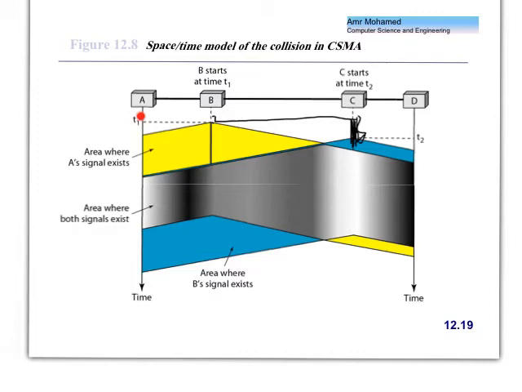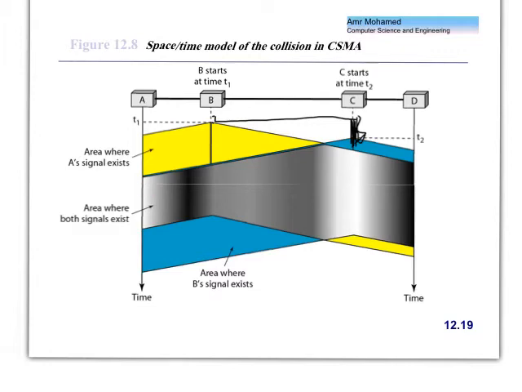A listens at this point. Well, channel is idle. Right? A listens at this point. Oh, okay. B is sending. Okay? At this point, B is sending. No collision. Here, there is collision.